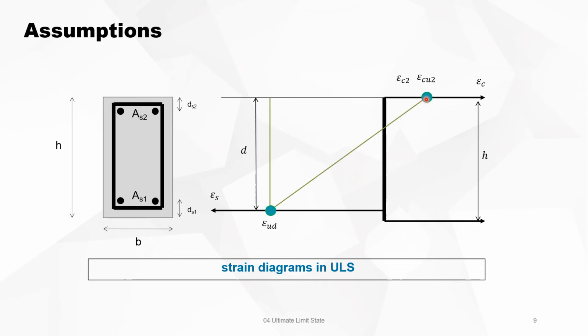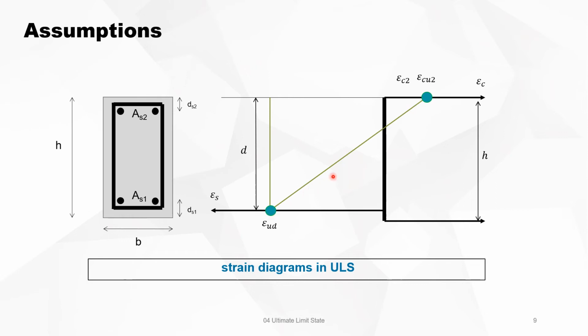Then we have, okay, if you now look at this, this is a strain plane before loading, and this is the strain plane after loading. Remember, we said it stays as a plane, so it's one straight line.